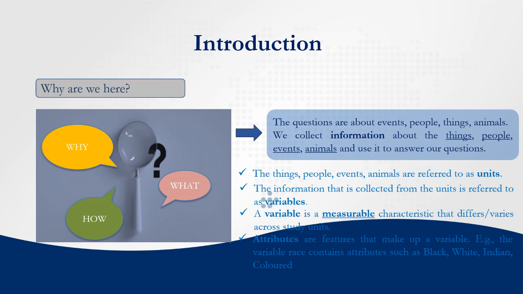And then we have attributes, which are the features that make up our variables. For example, if we think about a variable like race, it will have attributes such as Indian, white, colored, and so on.